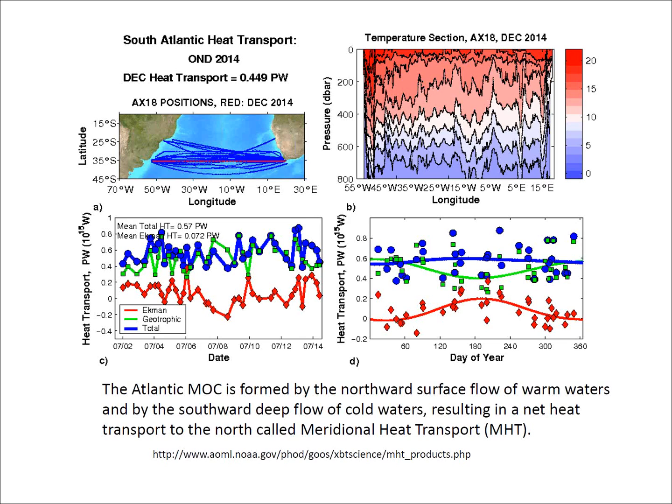And there's also a decomposition here of Ekman, geostrophic, and the total transport, and they have some characteristics studied of its seasonal variability from a few transects, and we have tried to estimate the seasonal variability of these properties, and you see that in general the geostrophic and the Ekman transport are in general out of phase.